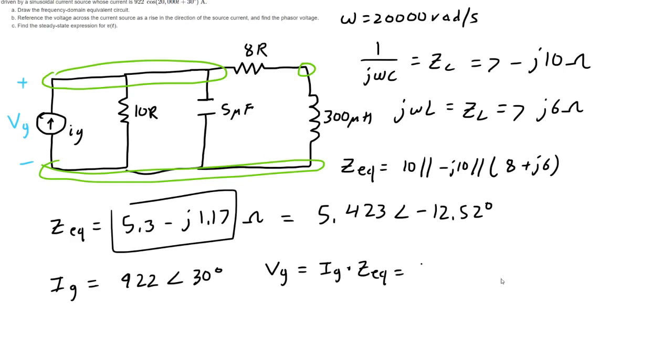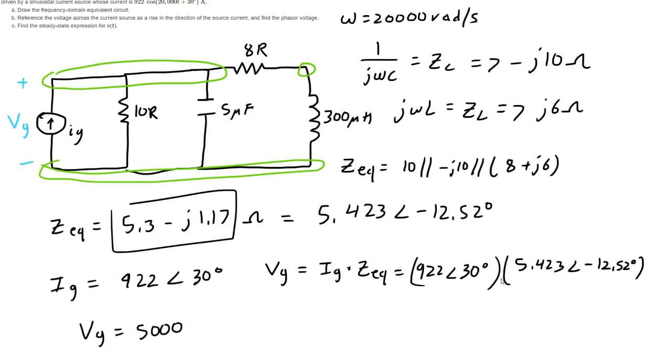So that's 922, phase angle of 30 degrees, times 5.423, and a phase angle of minus 12.52 degrees. That works out to be VG equals 5,000 with a phase angle of 17.5. I got like 17.49, but it's close enough.